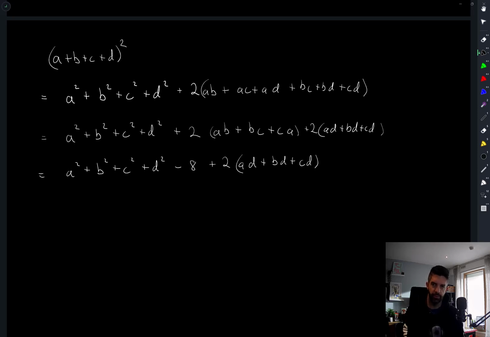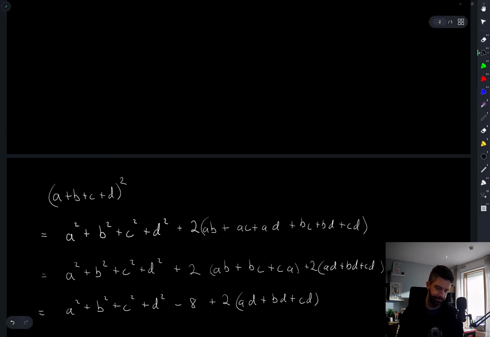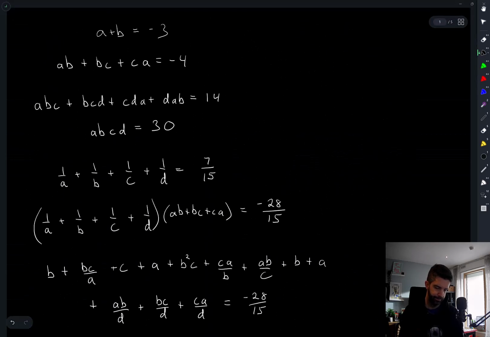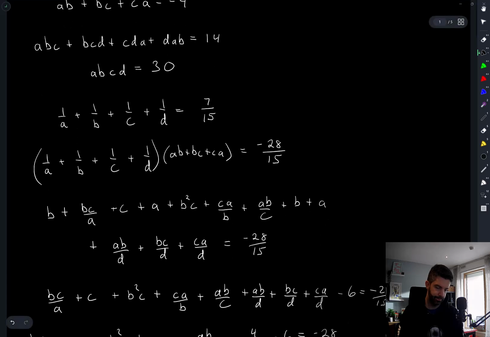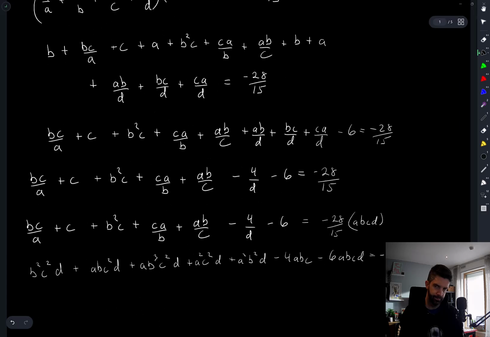What kind of equations would we end up with? I think there's a chance that they remain quadratic in some variable. Maybe I'll give that a shot too. Okay, so I have D is equal to 30 over ABC.